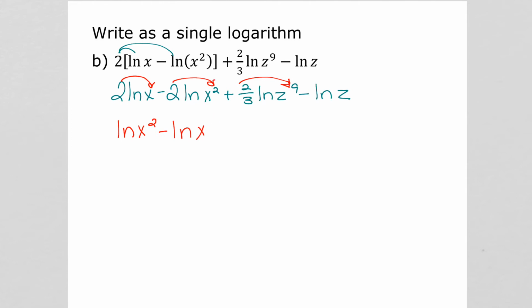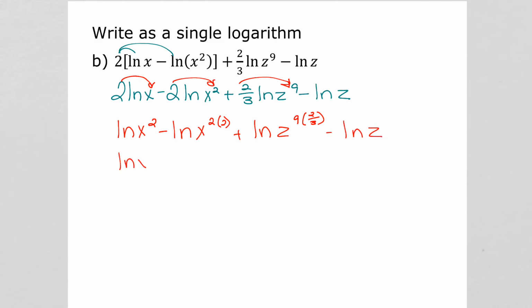Let's write that out first. So x squared squared. And then natural log of z to the 9th, also to our 2/3. And then just minus natural log of z.